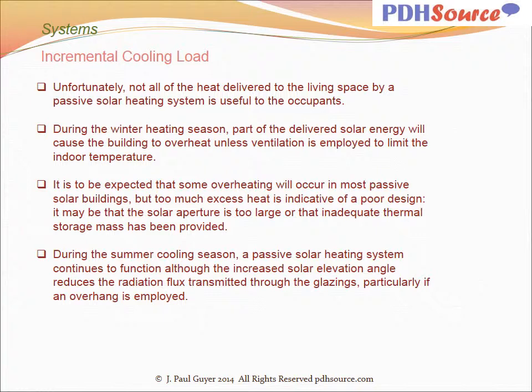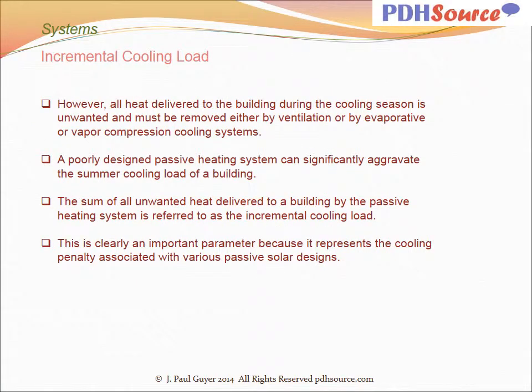During the summer cooling season, a passive solar heating system continues to function, although the increased solar elevation angle reduces the radiation flux transmitted through the glazings, particularly if an overhang is employed. However, all heat delivered to the building during the cooling season is unwanted and must be removed either by ventilation or by evaporative or vapor compression cooling systems.